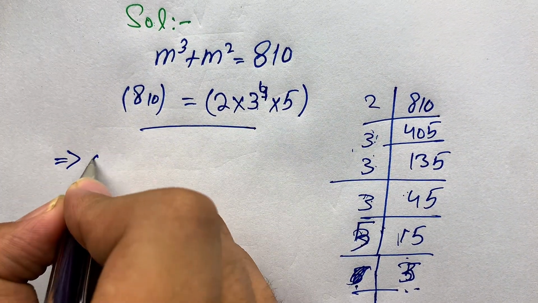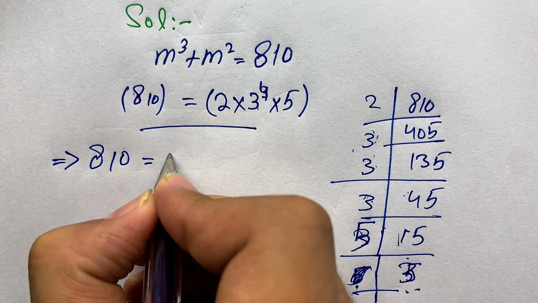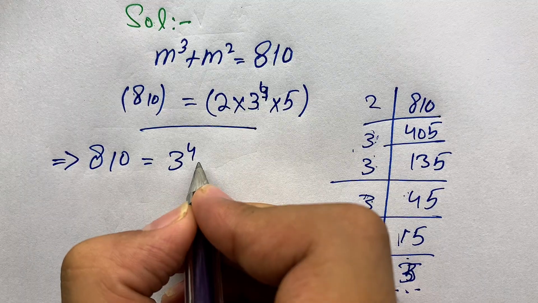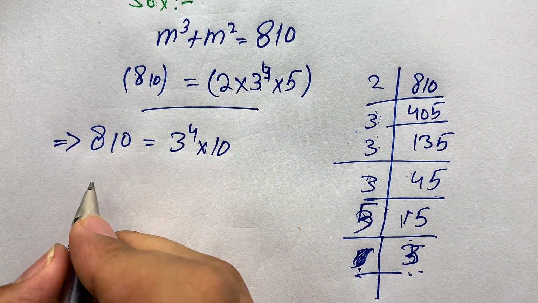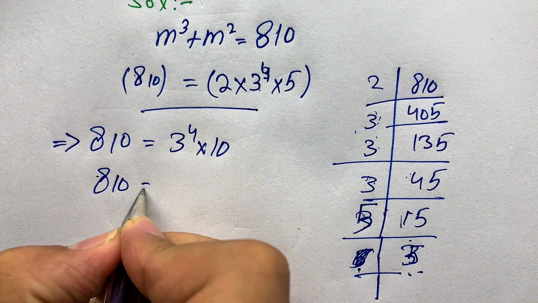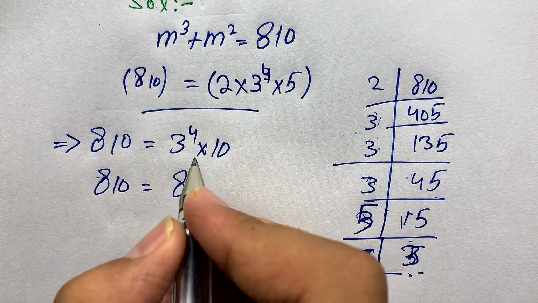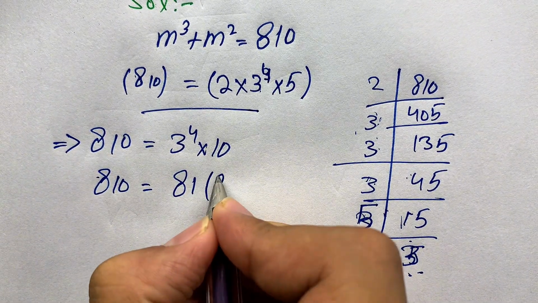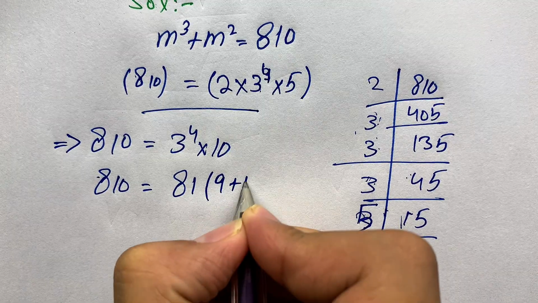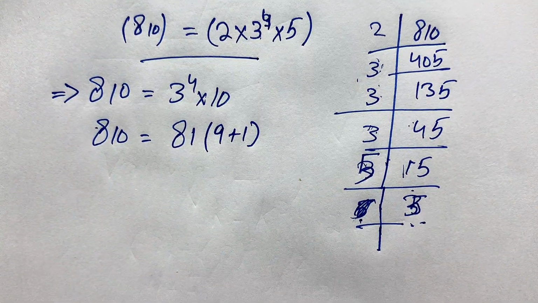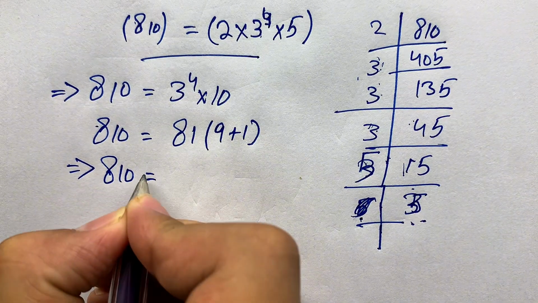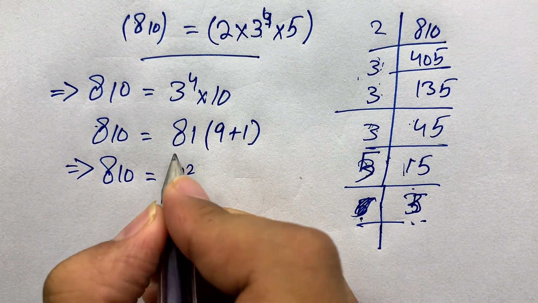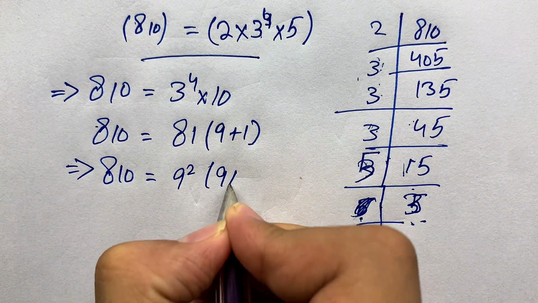Now we write 810 is equal to 3^4 multiplied by 2 × 5, 2 fives are 10, and 810 is equal to 81 × 10. 3^4 is 81, and as we noted, 10 is also equal to 9 plus 1. 810 is 9 squared, which is also 81, times 9 plus 1.